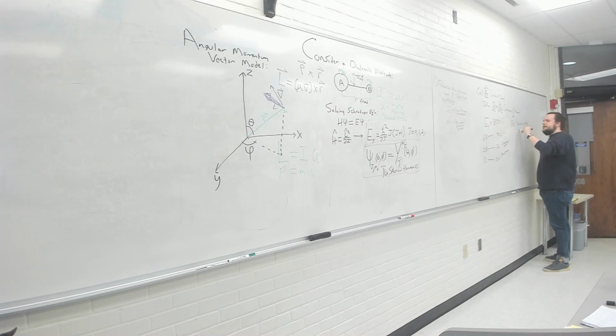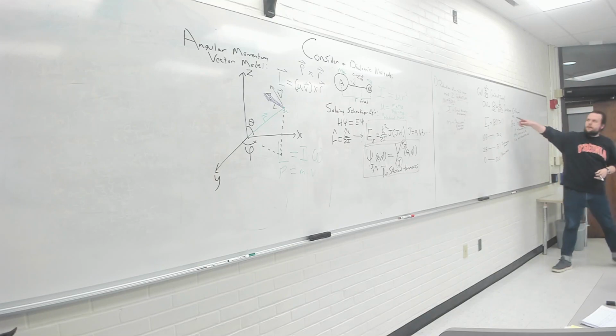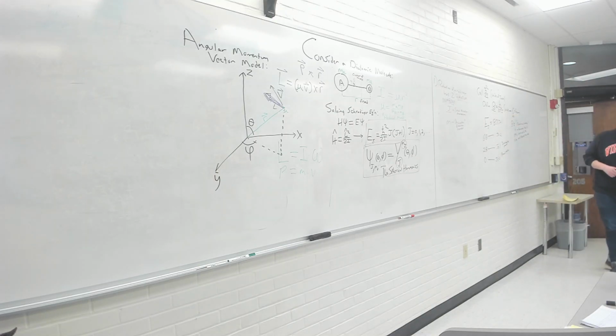is a parameter that is only determined by the size and shape of the rotor, because it's dependent on 1 over the moment of inertia. So as the moment of inertia gets bigger, let's go back again.